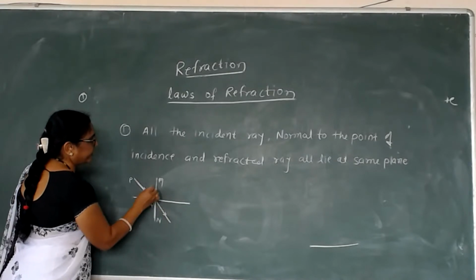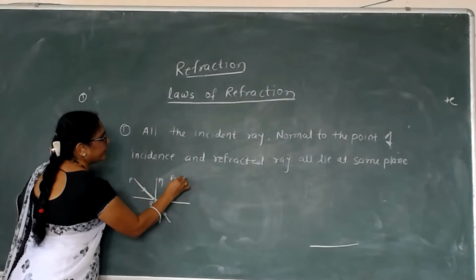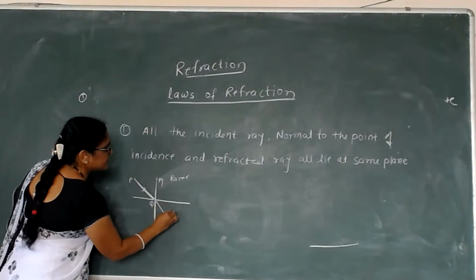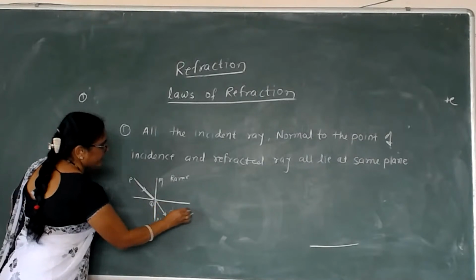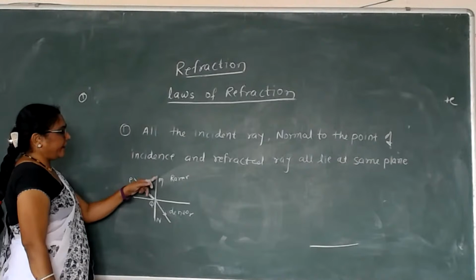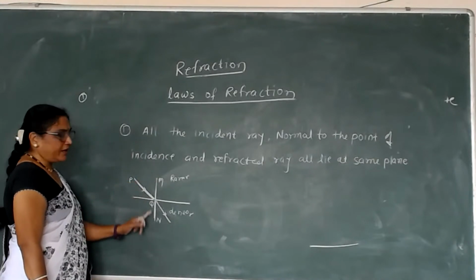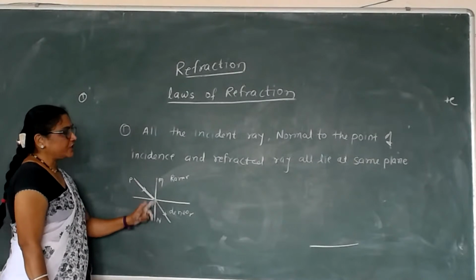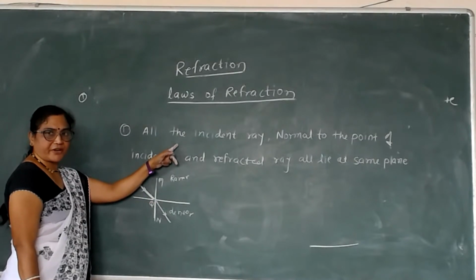So this is a refracted ray. Suppose this is a rarer medium. This is a denser. So PQ incident ray, MN normal, QR refracted ray are all at the same point. So this is known as the first law of refraction.